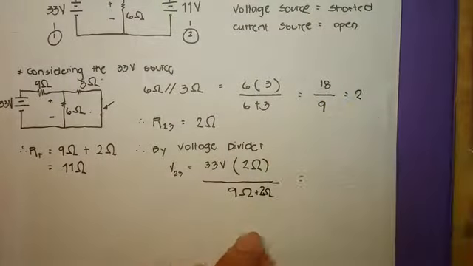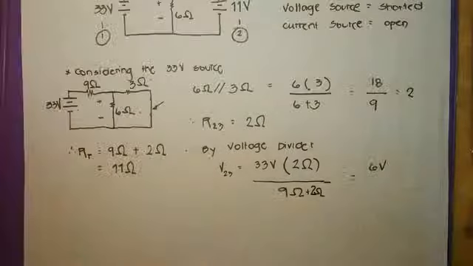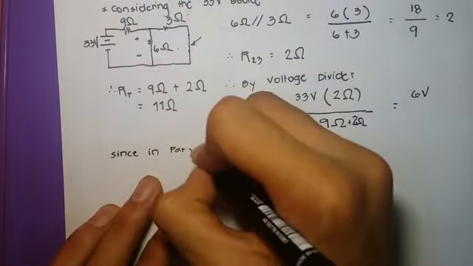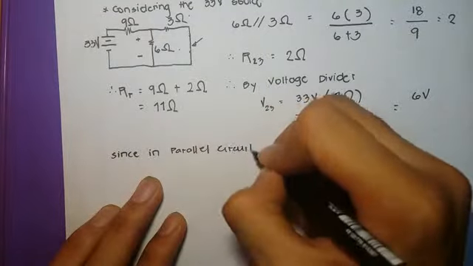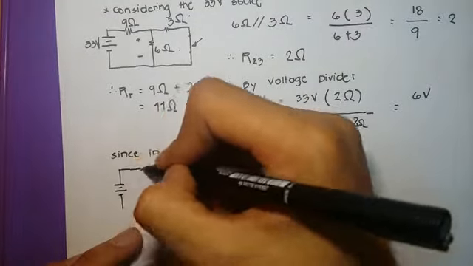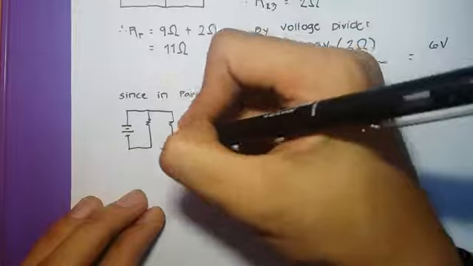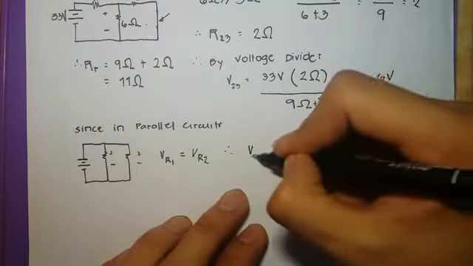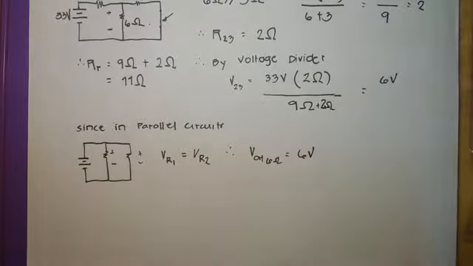There you go. So since in a parallel circuit, the voltage flowing in the resistor 1 is also equal to the voltage flowing in the second resistor. Therefore, V is equal to 6 volts.